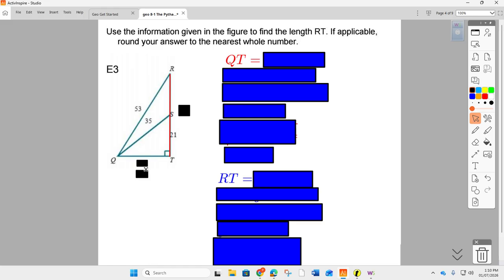So I'm thinking, well, if I knew how long segment RS was, I could add it to 21 and I'd have the length of RT. Does that make sense to everyone? Does that make sense to you, Leo? Okay. But is there any way for me to find the length of RS?